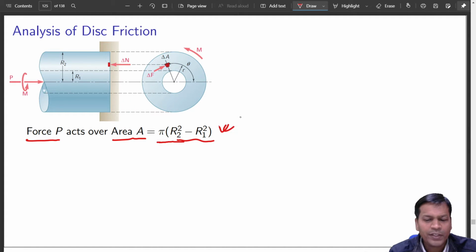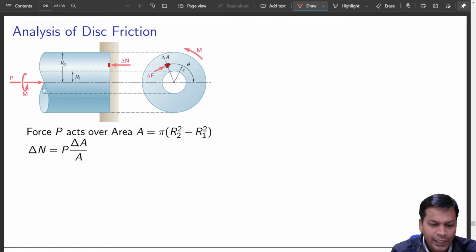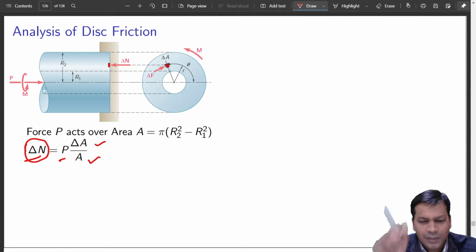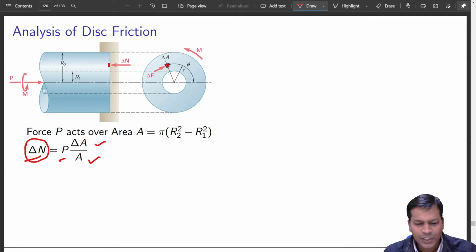So this is the effective area on which the whole of this force is acting, is it not? So delta N, how much will that be? It is P into the small elemental area divided by the total area, got it? So that will be your smaller elemental normal force, is it not?